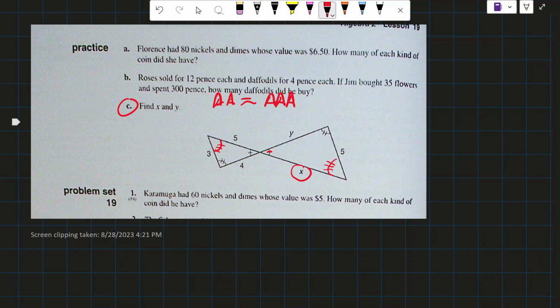So if I'm in between the 1 and the 3, that means x and 5 are cousins, right? x and 5.